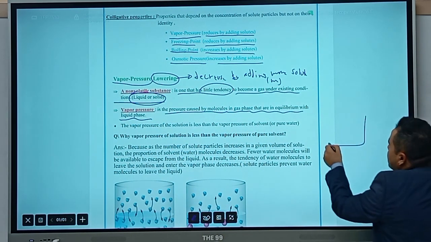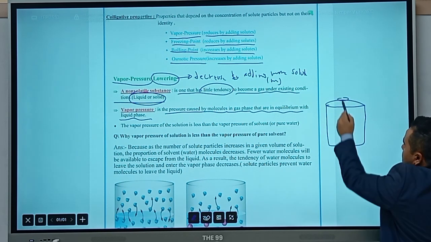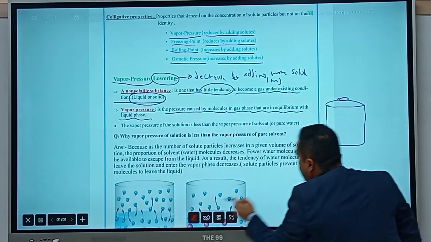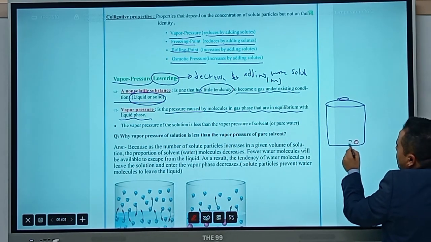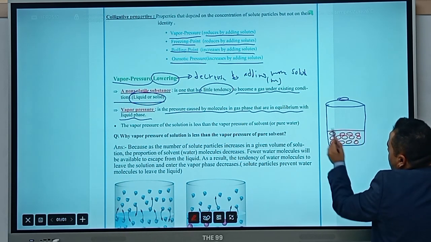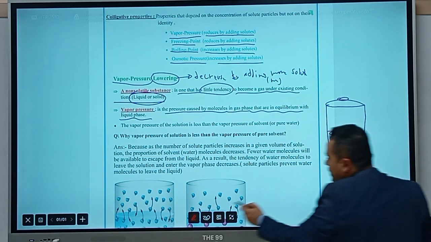Suppose here we have a container, and the container is a sealed container. And here we have the water molecules. And we provide heat to this container. We will heat the container.